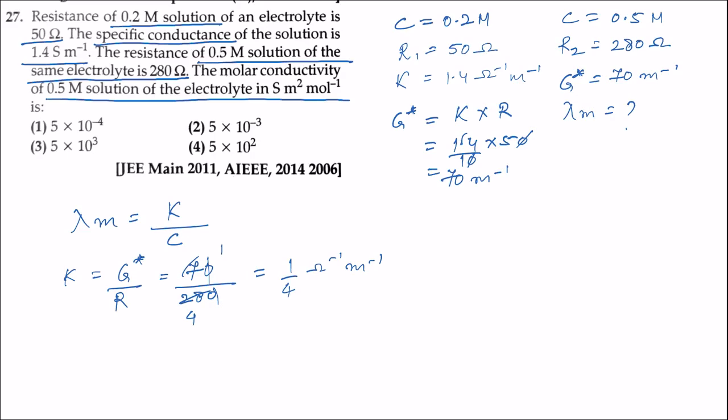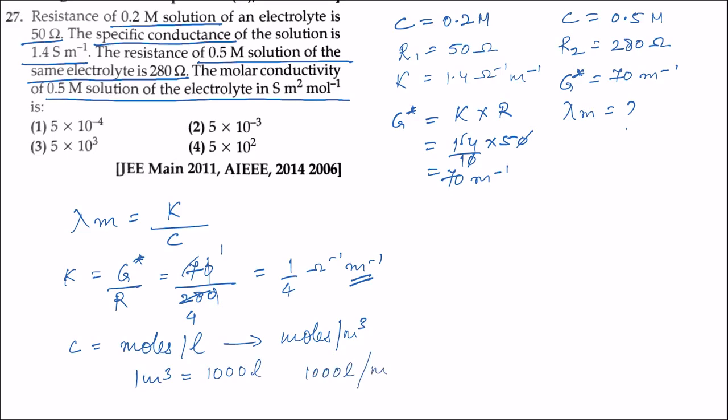Now the concentration of the second electrolyte solution is given in moles per liter, but the unit of length in specific conductivity is per meter. So the concentration has to be changed from moles per liter to moles per meter cube. What is the conversion factor? 1 meter cube is equal to 1000 liter, or it can be written as 1000 liter per meter cube.